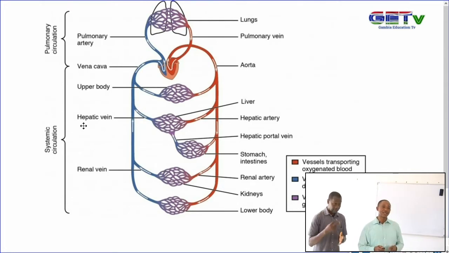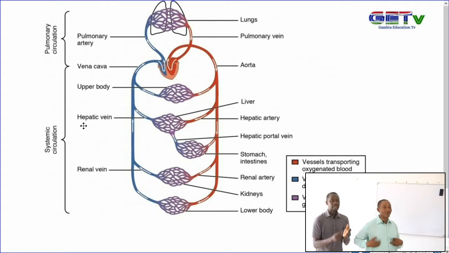Now, you'll see a little box showing red. That is vessels that are transporting oxygenated blood, meaning blood that is rich in oxygen. The blue are vessels that are carrying deoxygenated blood. It's very easy to remember. The right side of the body, that is the left on your screen, carries deoxygenated blood.